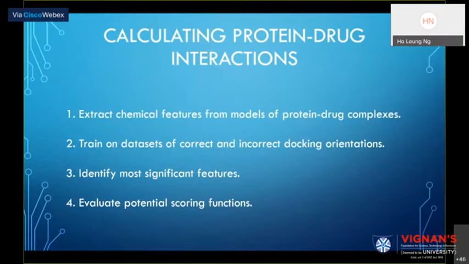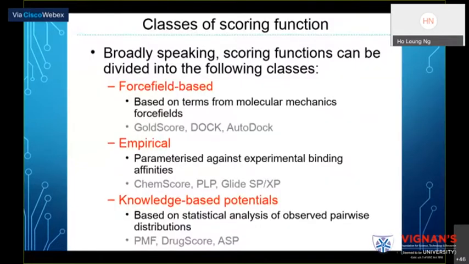We identify those significant features that are correlated with the correct docking, as well as the inhibition constant or the free energies of binding. And then we use the neural network to help us create functions that are predictive. So we call these functions scoring functions.